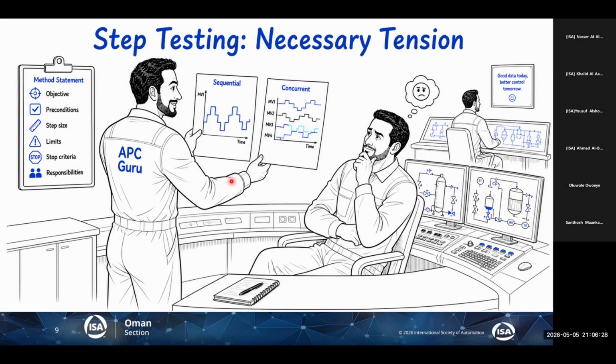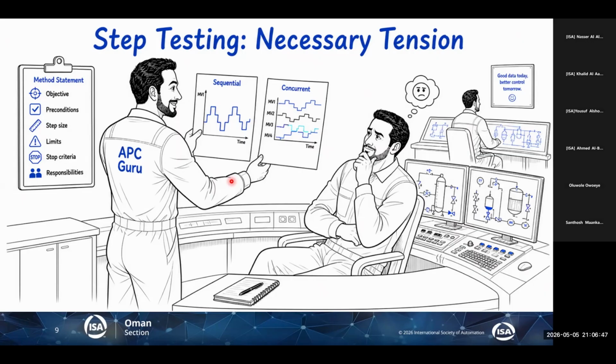It's not really making a mess. It should be controlled. That's why the method statement, it is a controlled learning, within the normal operating window, and always note down the date and time. When did you do this?